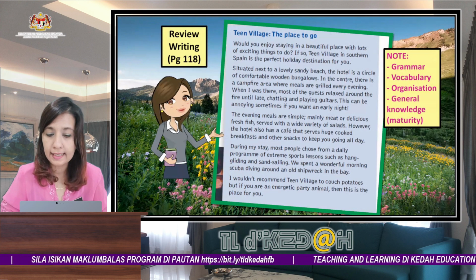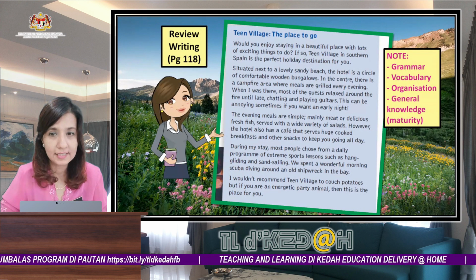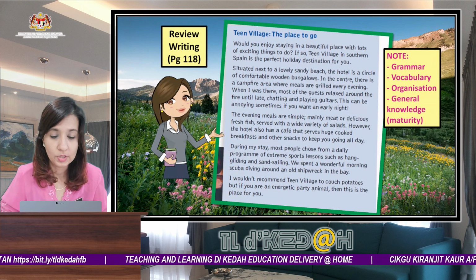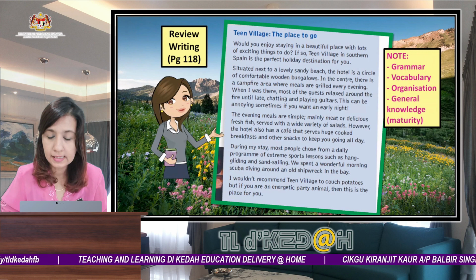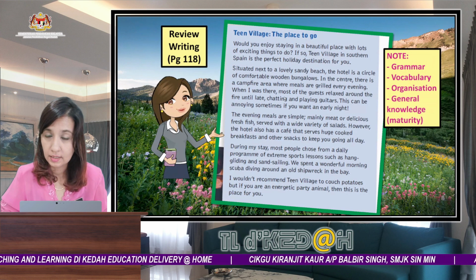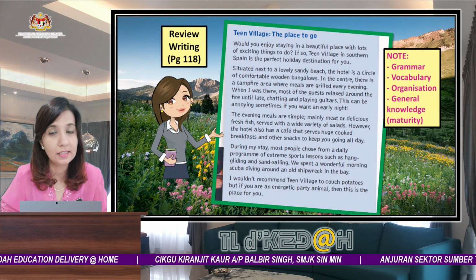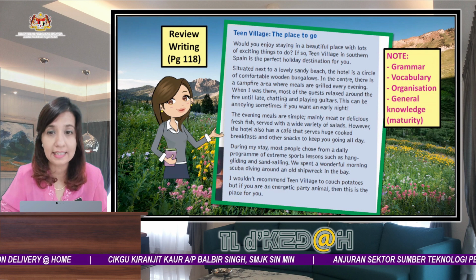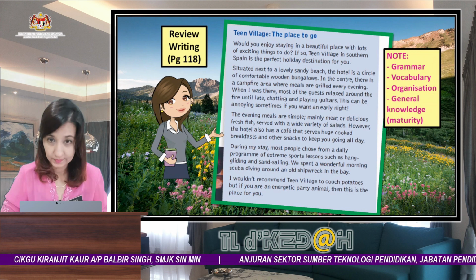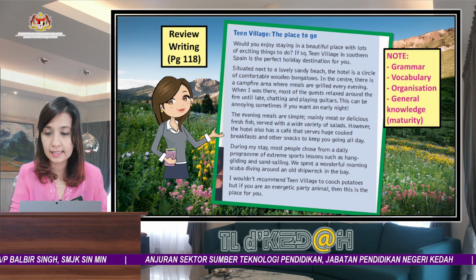But if you are an energetic party animal, the wild type, then this is the best place for you. You can look at how this person has recommended Teen Village. He or she is recommending it to energetic party animals, that means teenagers mostly, youngsters, young adults. Right, so look at the grammar, vocab, organization.